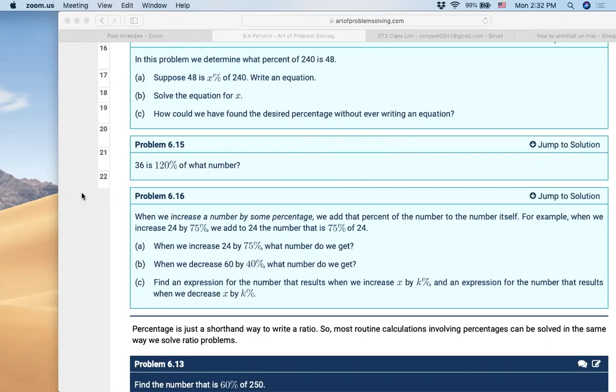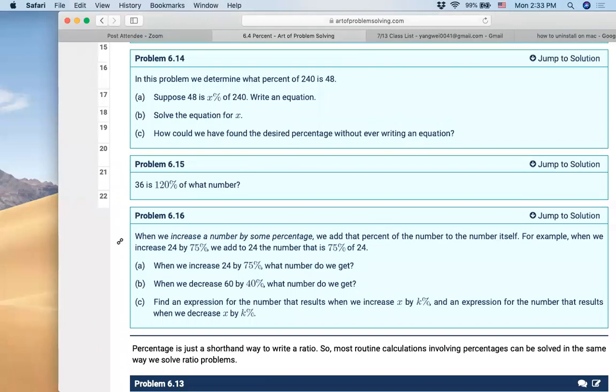Let's see problem 6.16. When we increase a number by some percent, we add that percent of the number to the number itself.